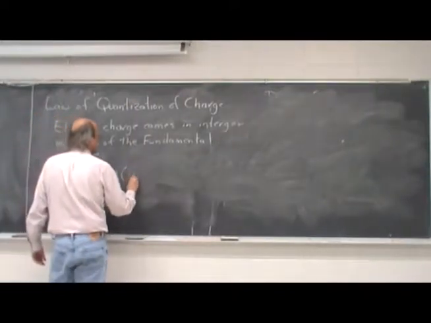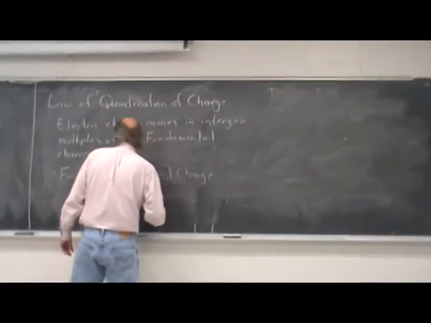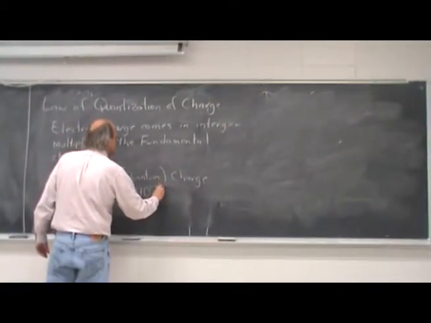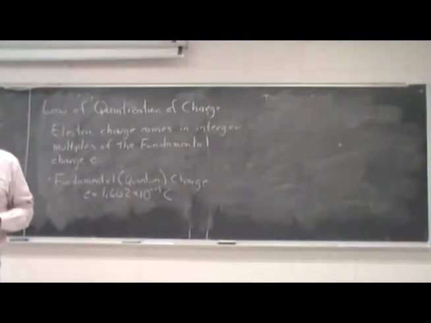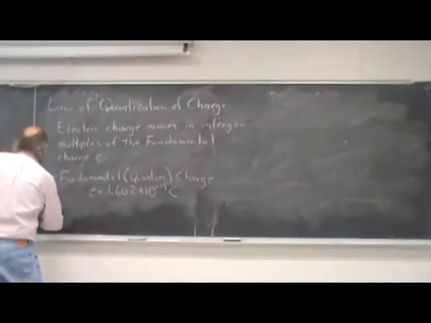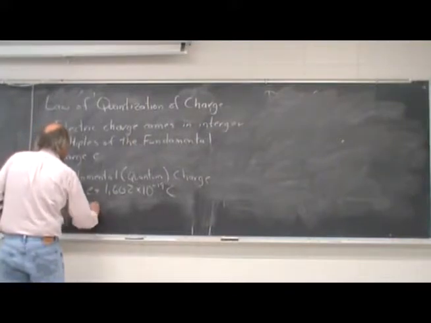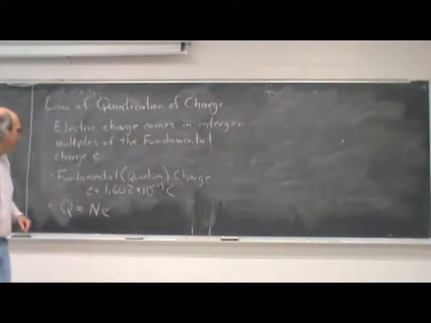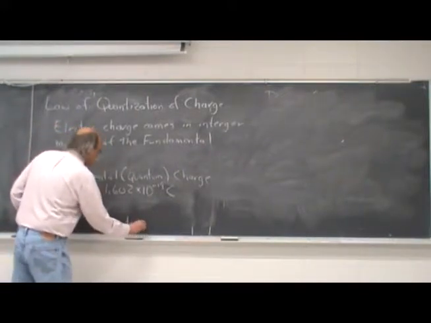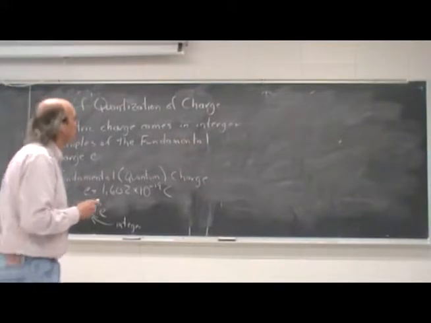The fundamental, or the quantum, of charge is 1.602 times 10 to the minus 19 coulombs. So quite small, not many coulombs. And this law of quantization of charge means that any charge Q can be written as some integer times E. And the integer can be positive or negative. We can have positive or negative charges.